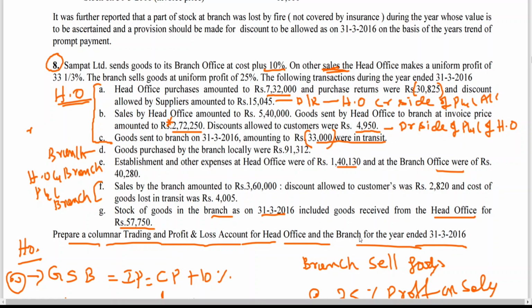Number of times we have discussed. That is the reason why generally any institute, any faculty, first starts department accounts followed by branch accounts. The reason is to have a connectivity.